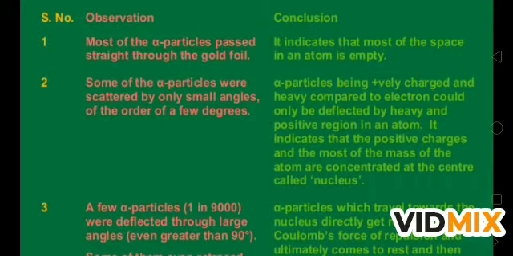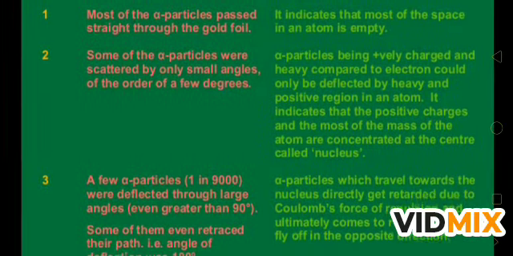What is the conclusion? The alpha particle, being positively charged and heavy compared to an electron, could only be deflected by a heavy and positive region in an atom. It indicates that the positive charge and most of the mass of the atom are concentrated at the center, and that is called the nucleus.